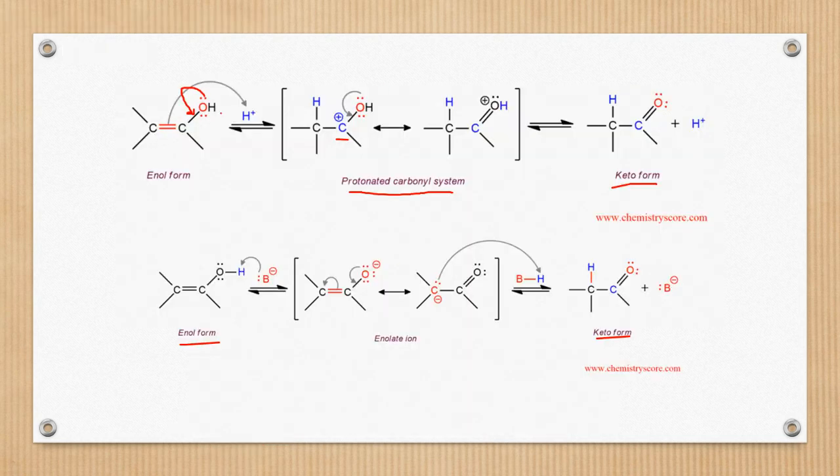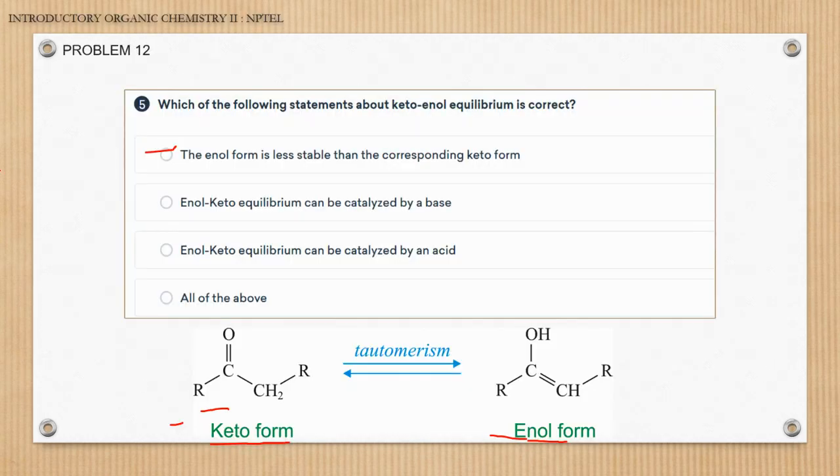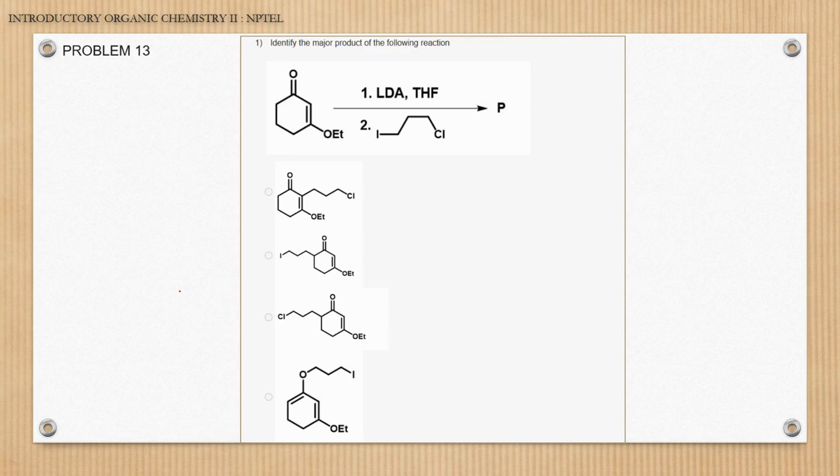I have shown you how it can be catalyzed by acid and base. So these two also are the right options. So all of the above is the correct option for this. So is it clear, guys? This much? Yes, ma'am. Fine.